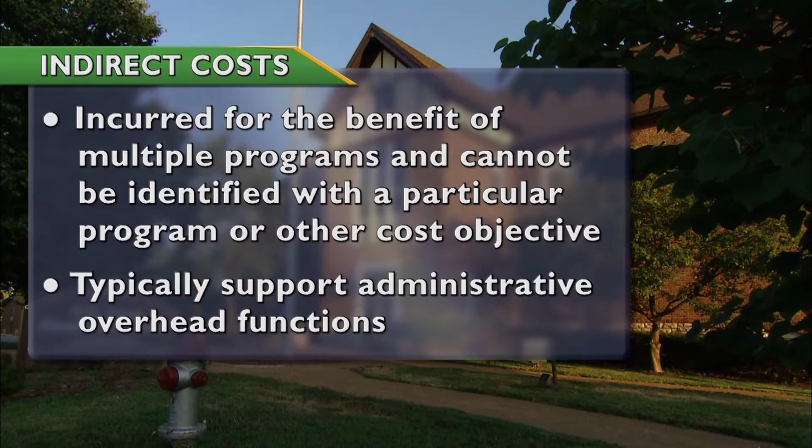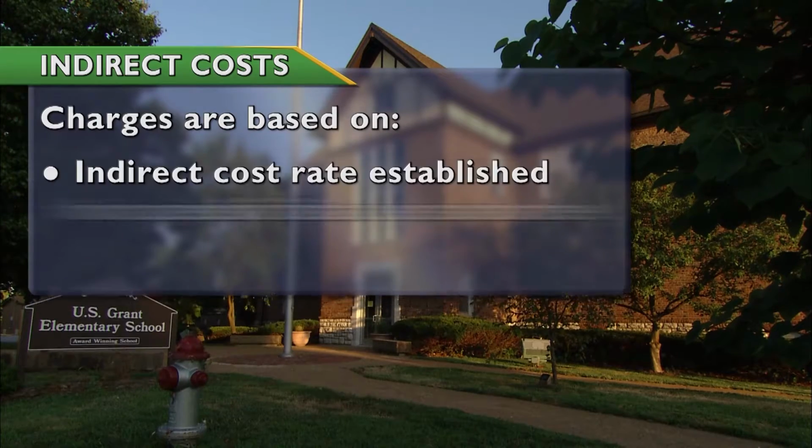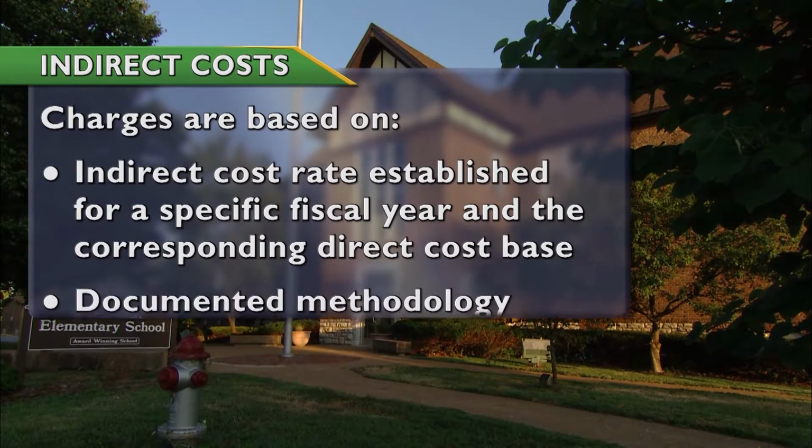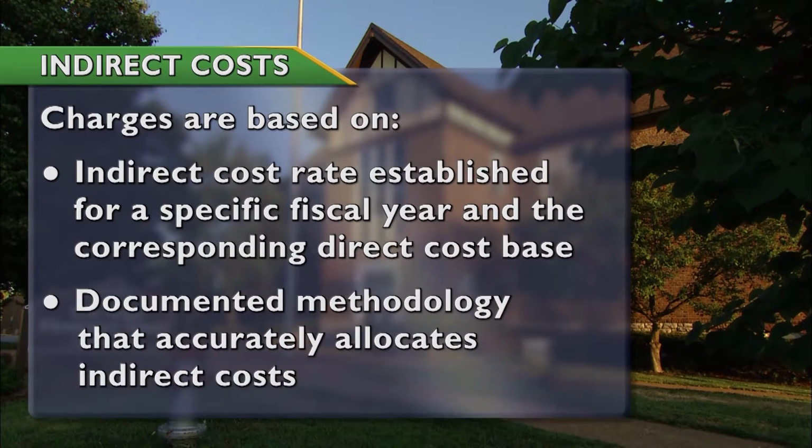Charges for indirect costs are based on two factors: the indirect cost rate established for a specific fiscal year and the corresponding direct cost base, a documented methodology that accurately allocates indirect costs.